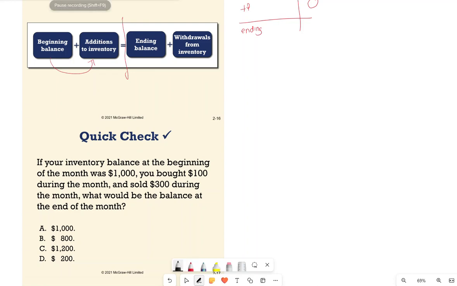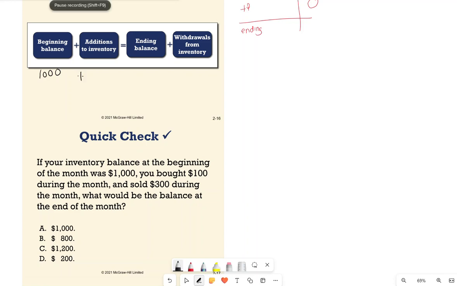Again, you could do it in a T account before looking at the question. You can use this equation, or you could use a T account like I showed you, but you should get the same answer. In this case, the question says that my beginning balance in inventory is 1,000.